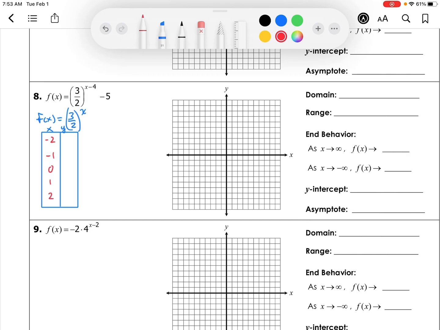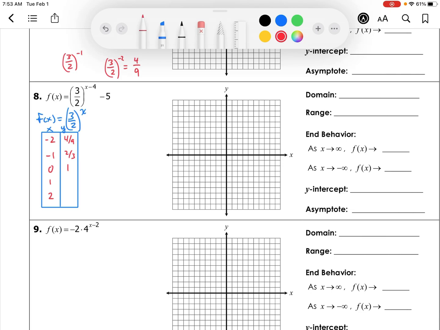Plugging those points in, let's see what we get. 3/2 raised to the -2 power. Flip it, and then you square it to be 4/9. -1, plugging that in, 3/2 raised to the -1 is 2/3.